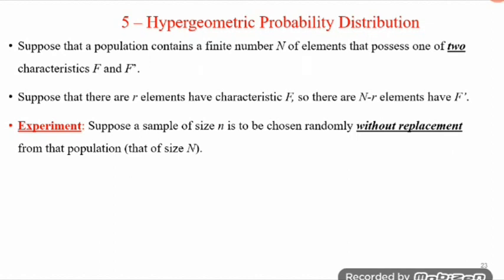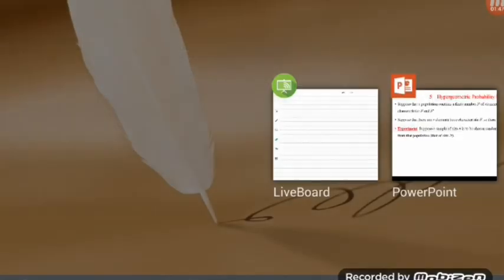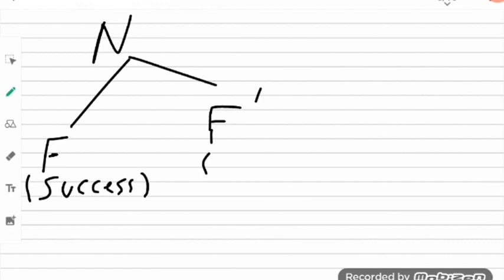I think we can move to the board to summarize all the information that we have until now. Again, we have a population of size N, and this population is divided into two parts: a part that belongs to the F characteristic and another part that belongs to the F complement. Again, F will represent the success and the F complement will represent the failure.